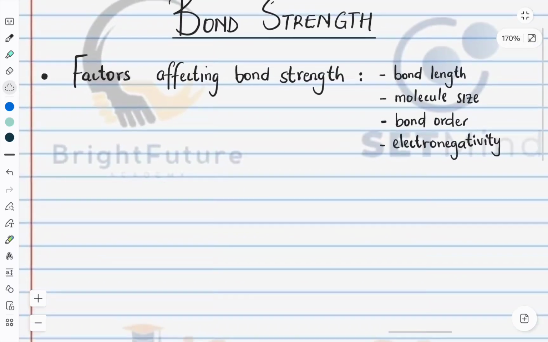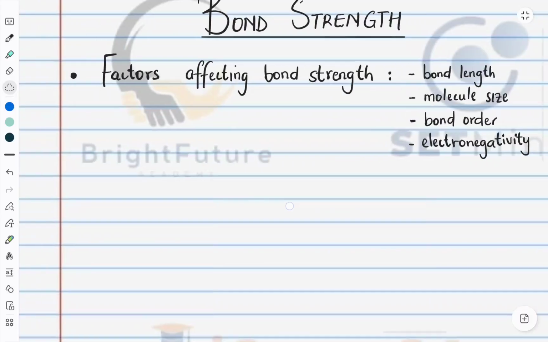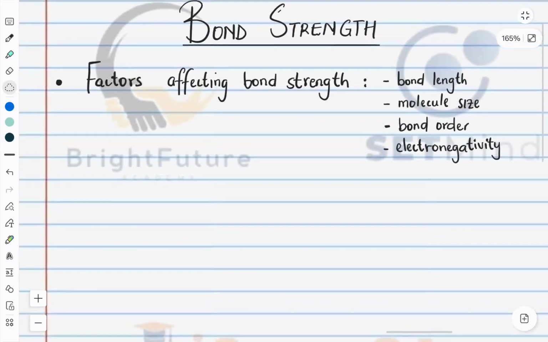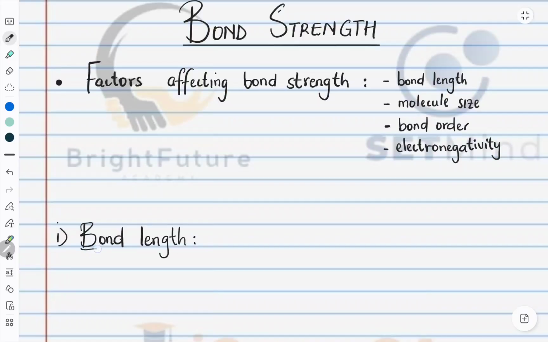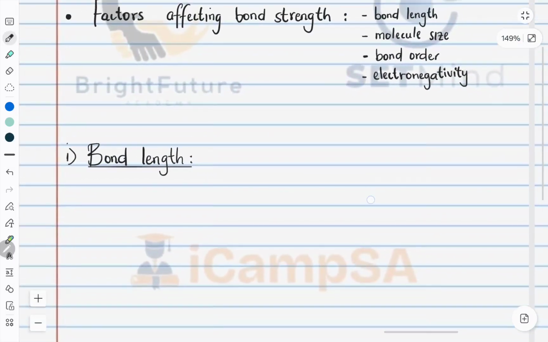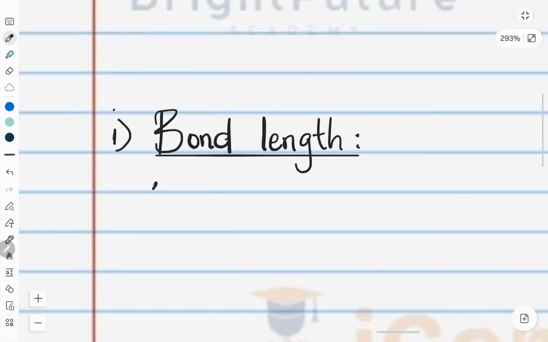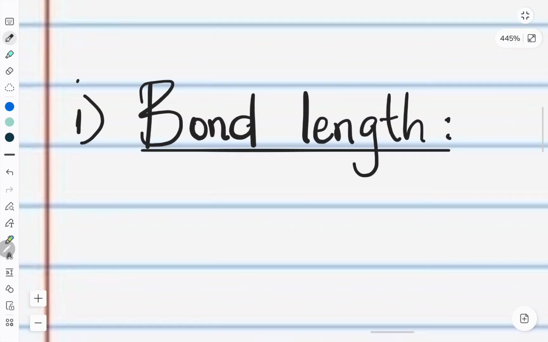So let's look at all of these individually. Let's start with bond length. When it comes to bond length, we will say the shorter the bond length, the stronger the bond.